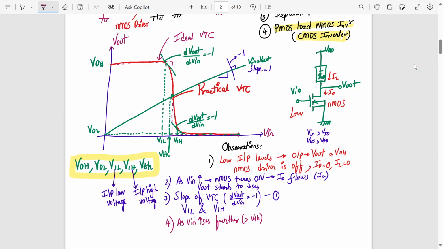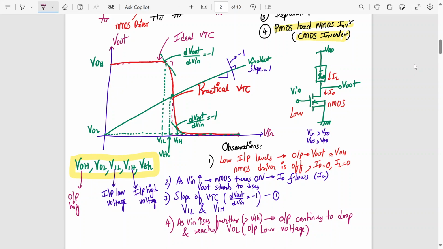The output will continue to drop, and finally it will reach a value of VOL. Now VOL may be 0, may not be 0, and it reaches output low voltage. VOL is called output low voltage. What was VOH called as?